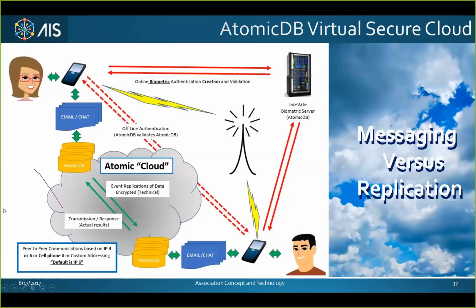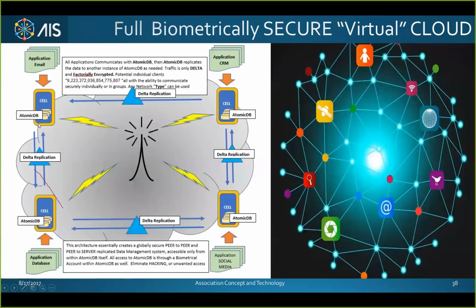One of the solutions that we're looking at is the ability for applications, instead of discussing with the central server, to discuss with Atomic DB, and Atomic DB will replicate that data to the destination directly. So essentially creating a virtual cloud. Unless you're a real human being, you're not connecting to the cloud.